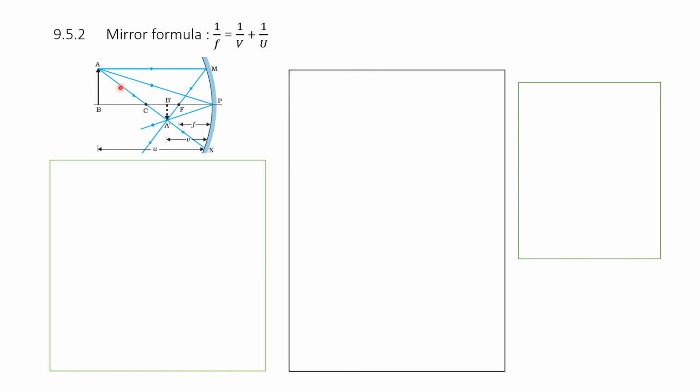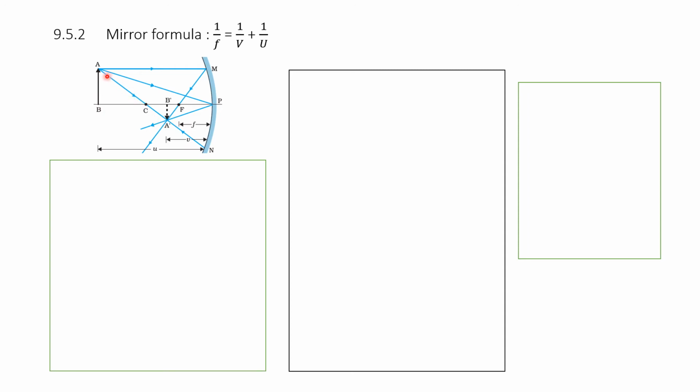A ray of light passes from A, falls on M, gets reflected and crosses point F. Similarly, another ray of light starts from A, gets reflected from point P and meets at the point A dash.